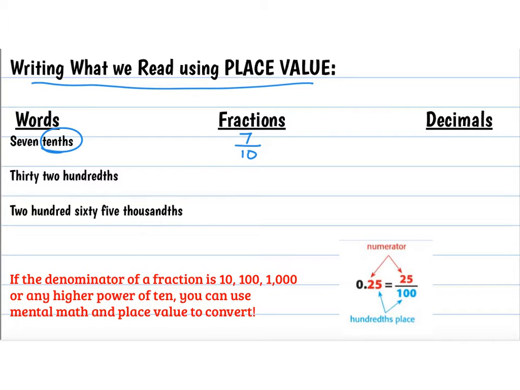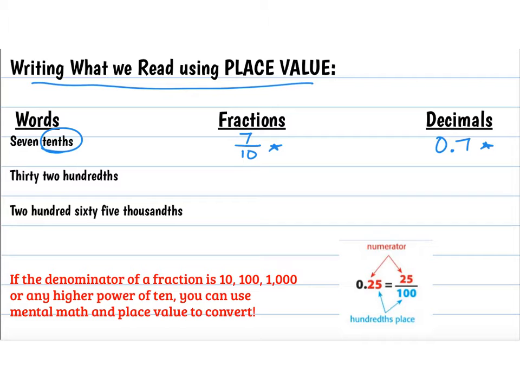If I were to write this as a decimal, 7/10, it's telling me that it's ending in the tenths place, which is the first spot after the decimal. These two numbers are now equivalent. They're just written in a different format. So I'm simply taking how I read the word and writing it as a fraction and a decimal.